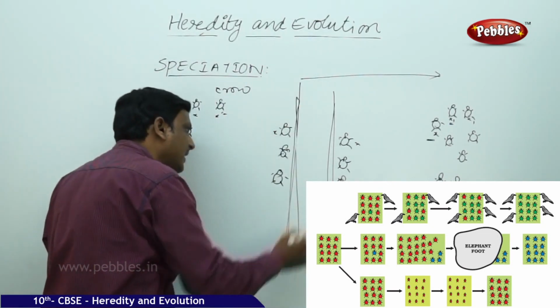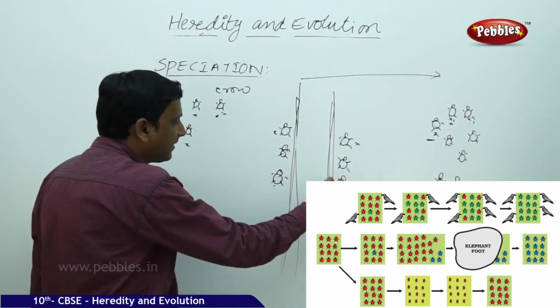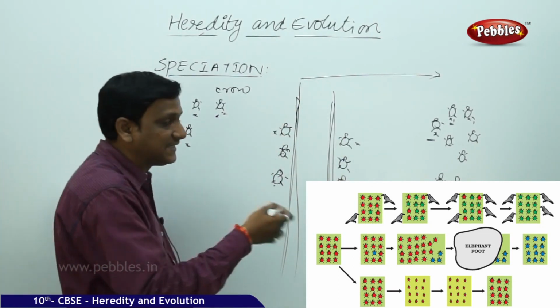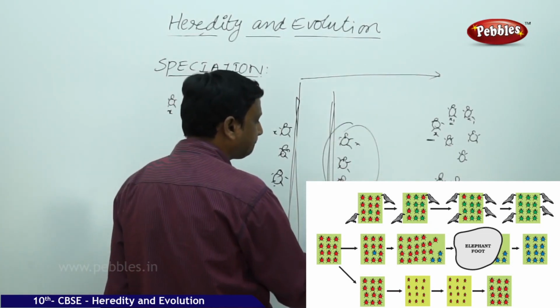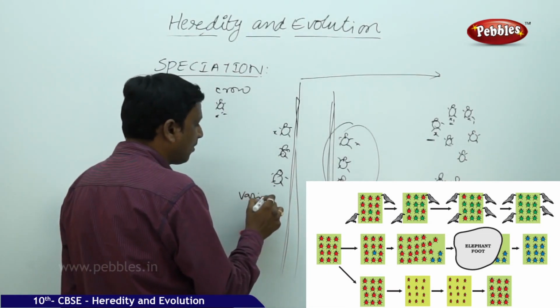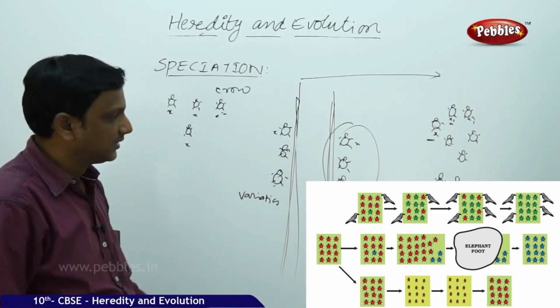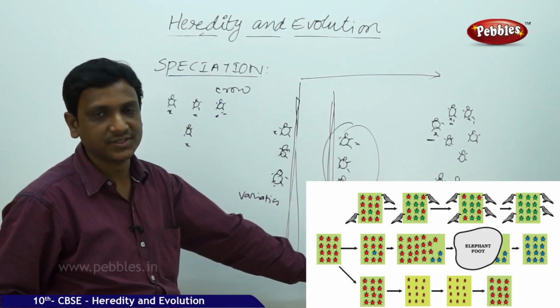So they became two groups. After they are divided and isolated, in the initial stages this one can mate with that one; it can reproduce. But after so many generations, this group will get a different set of variations, and that group will get another different set, because they are isolated and separate. After a number of generations, this becomes a particular species, and that becomes a particular species.